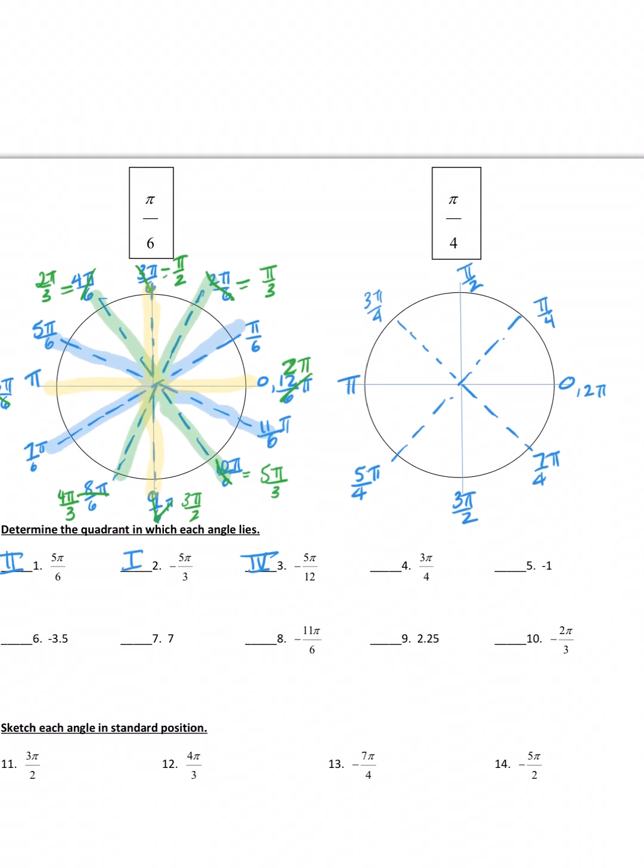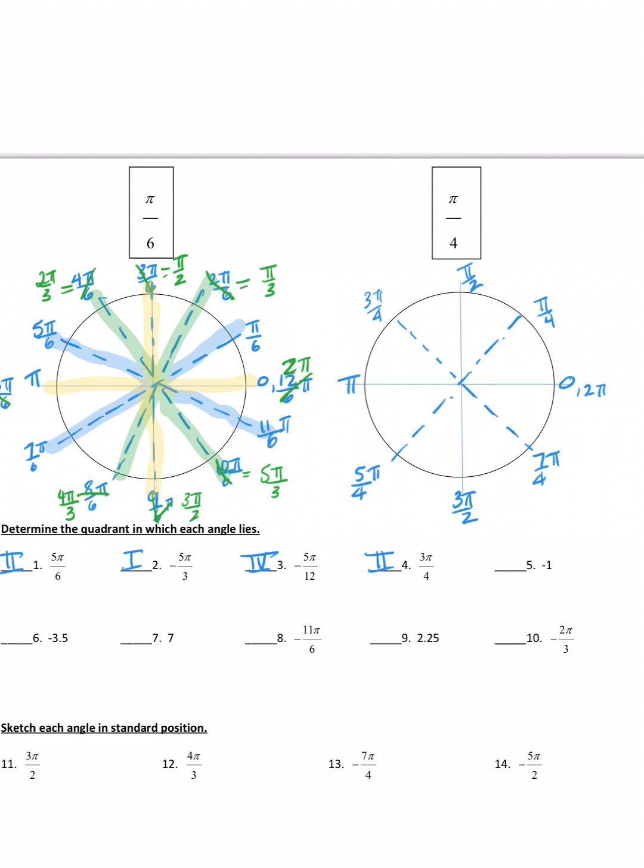3 pi over 4? Where's that? Oh, look at number 5. We put it back in the number form of radians. Negative 1 radian. Do you remember where 1 radian would fall? When we first did it, a positive 1 radian would put us in quadrant 1, right?